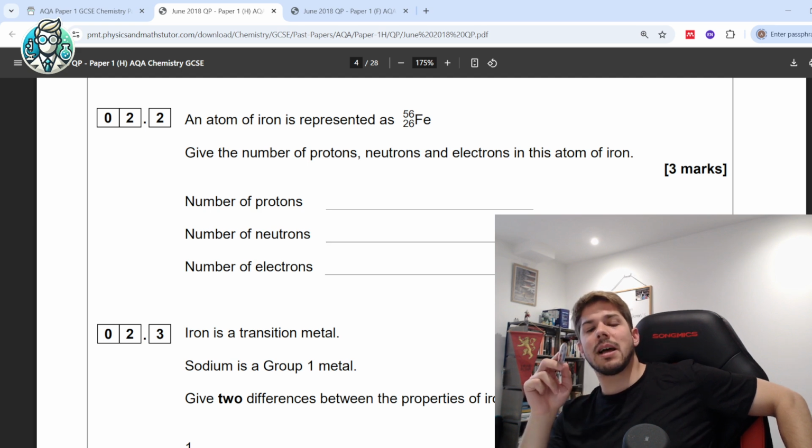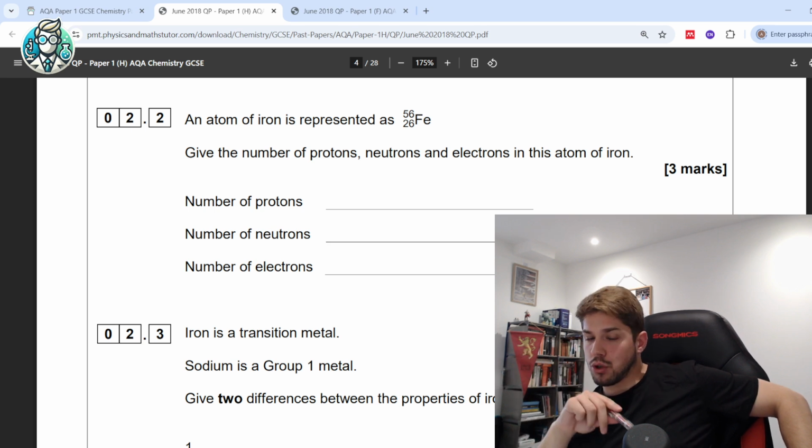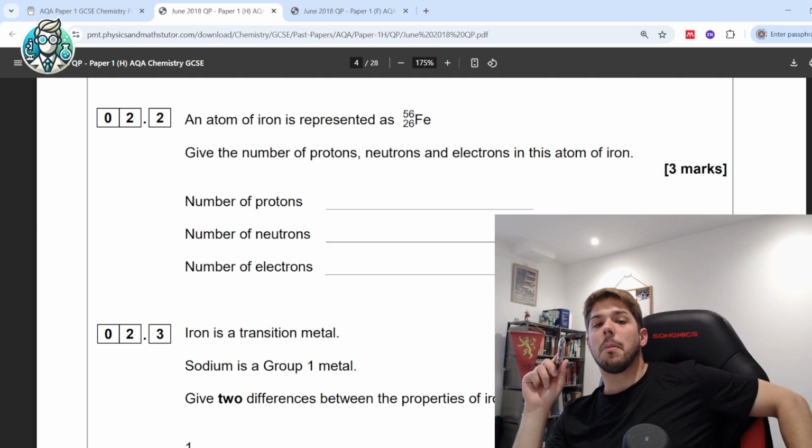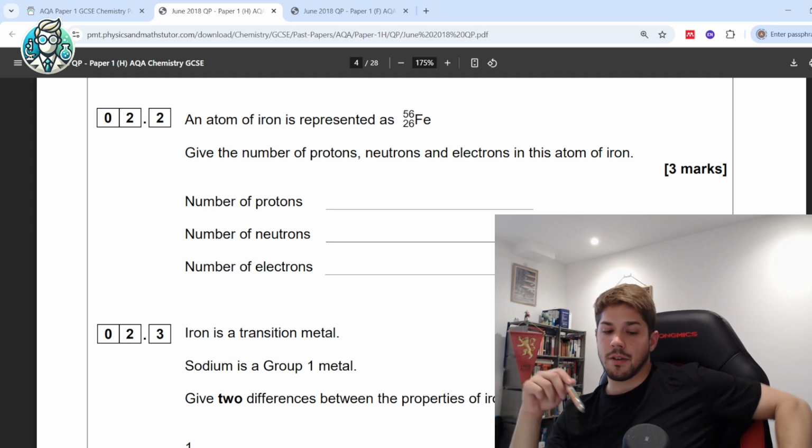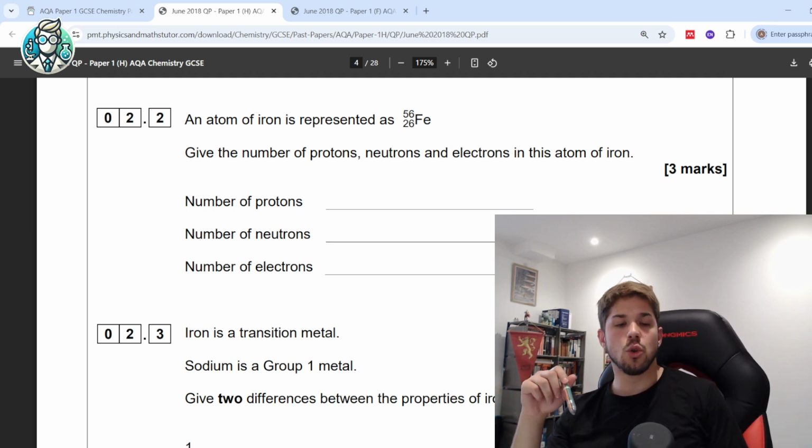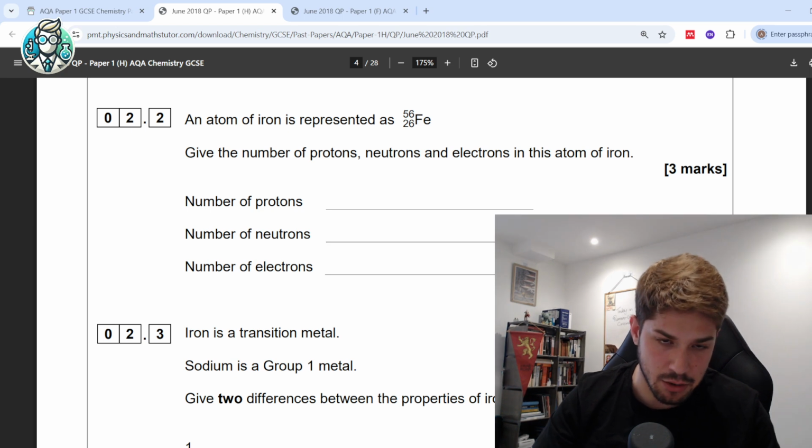Now, what about the number of electrons? Since they are telling me that this is an atom and it is not an ion, then the number of protons and the number of electrons must be the same. Therefore, there are also 26 electrons.